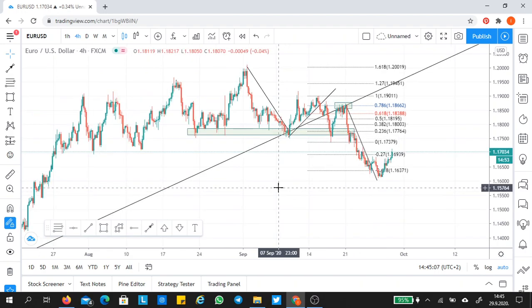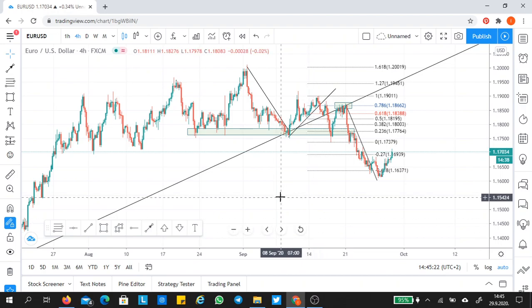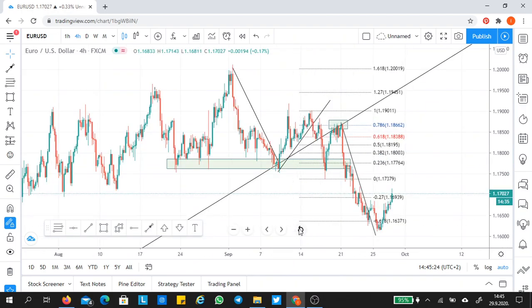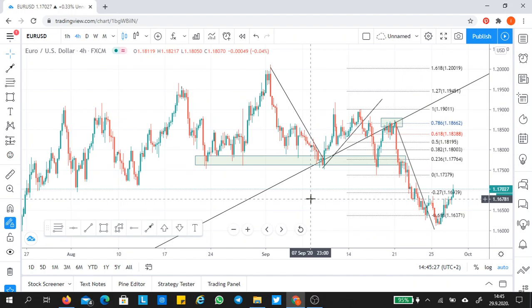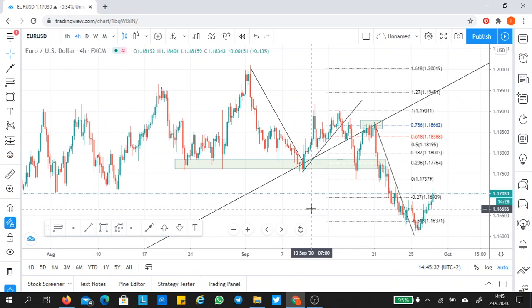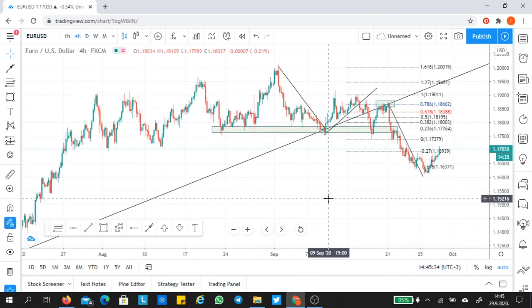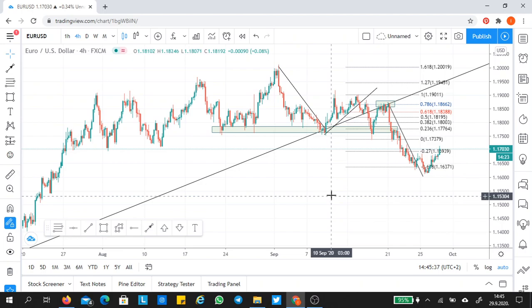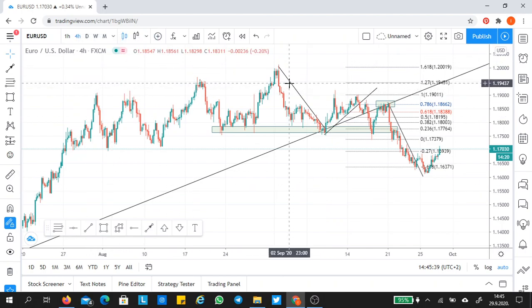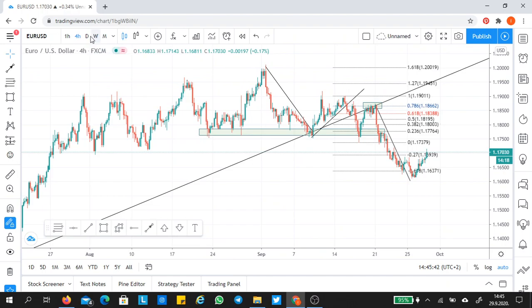This week we have the non-farm payroll also, so I'm really not sure what to trade here, as I'm trading on a longer term now. On a longer term, of course, I consider that the euro dollar will go to the upside, but I'm not sure whether this correction is over or not.